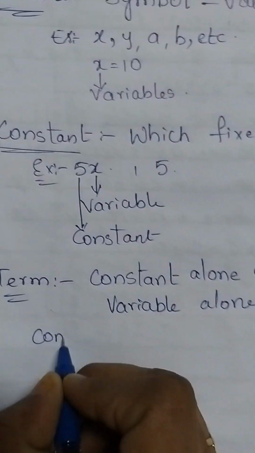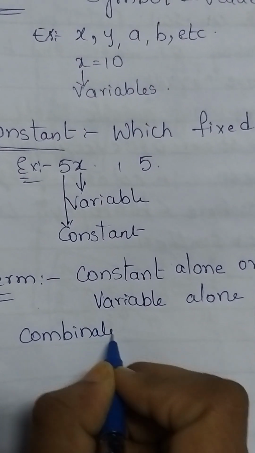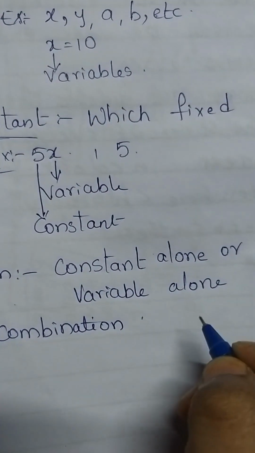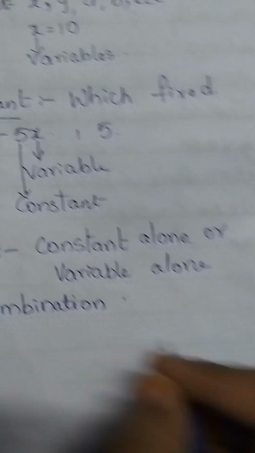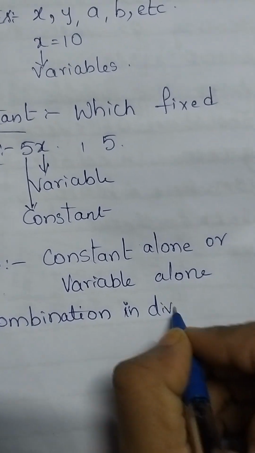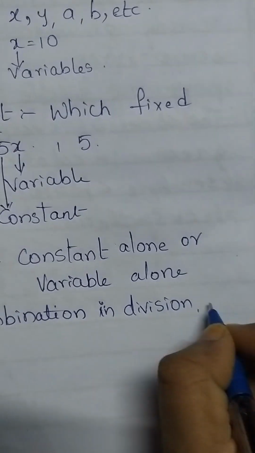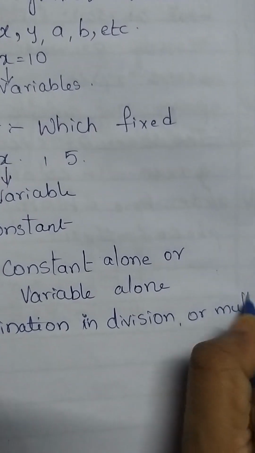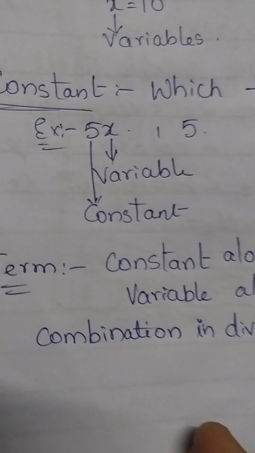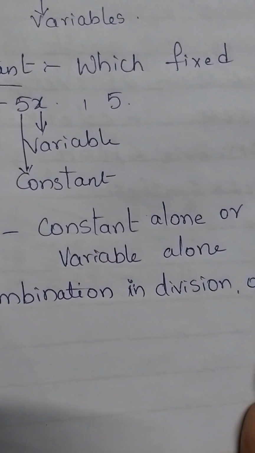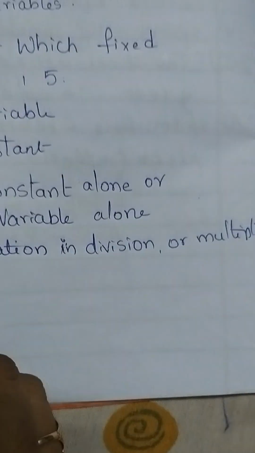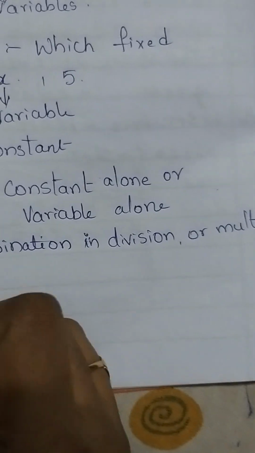Or if we write a combination of variables and constants in a division or multiplication pattern, then we call it a term. For example, I will show.